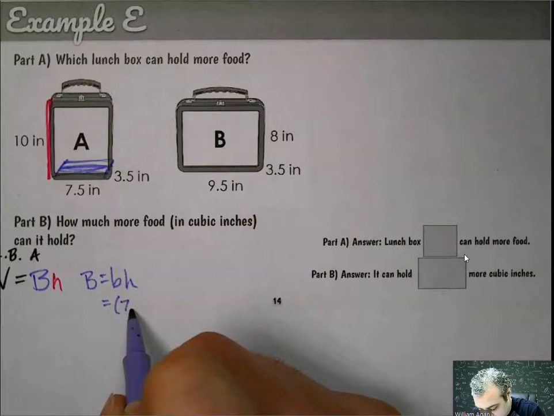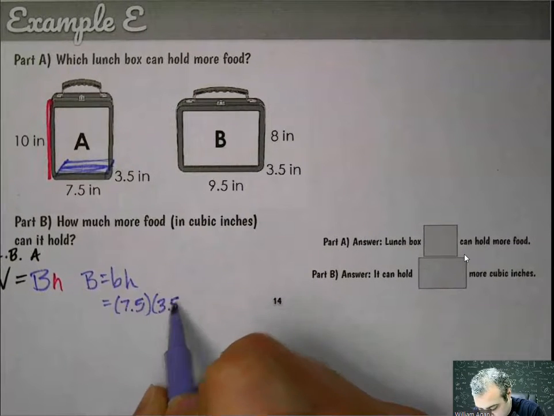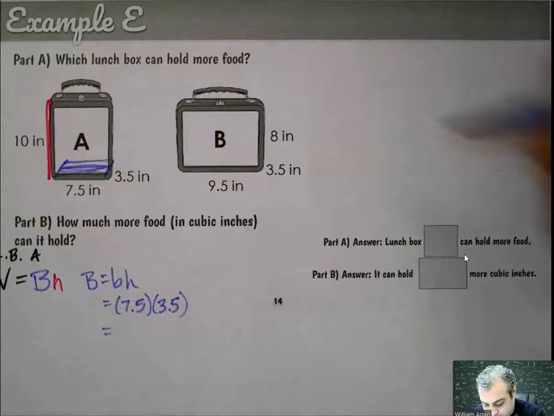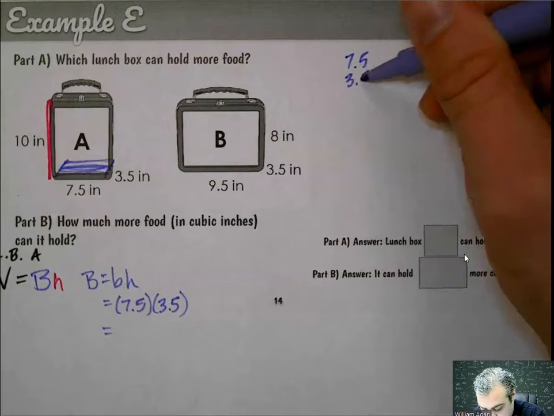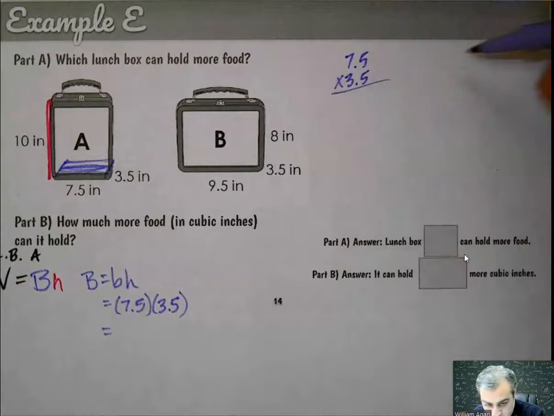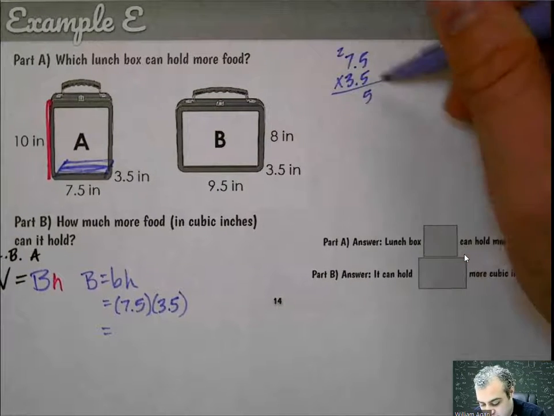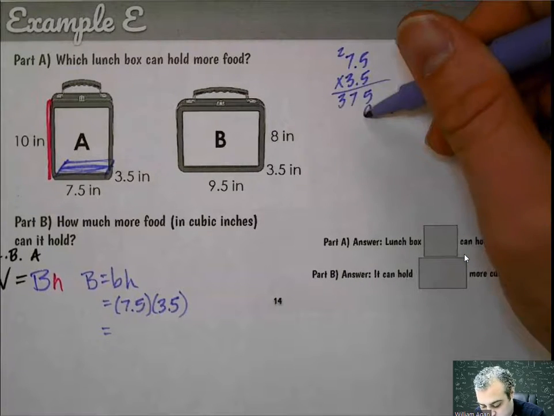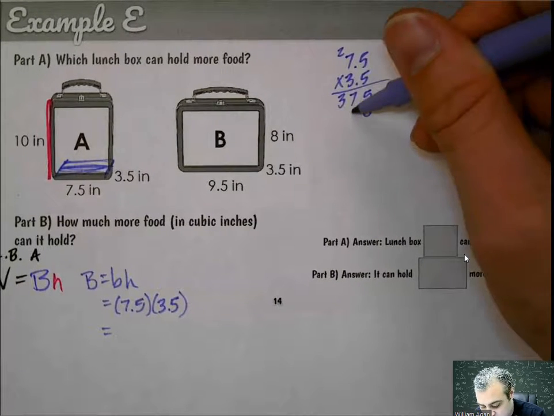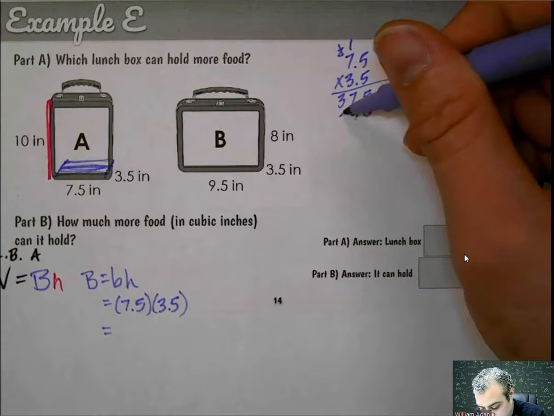Base is 7.5 times the height is 3.5, and now we need to multiply those two together. 7.5 times 3.5. I don't know that off the top of my head, so I have to come over here. 5 times 5 is 25. 5 times 7 is 35, plus 2 is 37. 5 times 3 is 15. 3 times 7 is 21, plus 1 is 22.